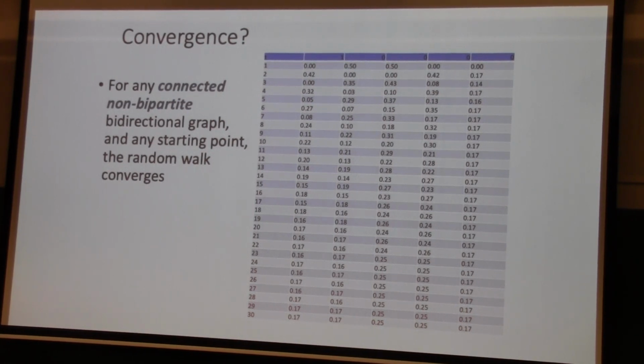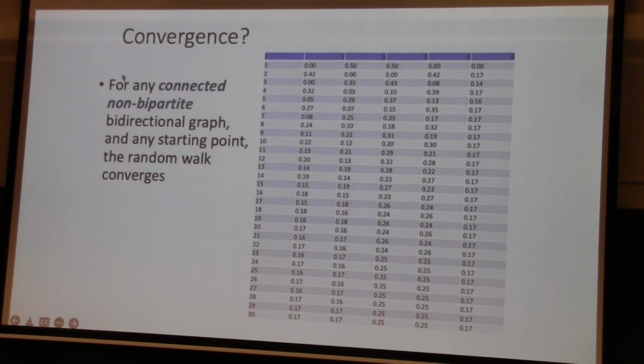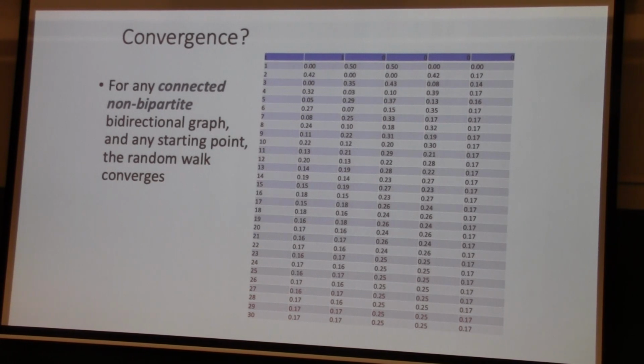And now I want you to have intuition on this. The graph has to be connected, of course. If it's not connected, so let's say the graph looks like this, and there are 2 pieces. Well, if I start here, I will never get there, okay?